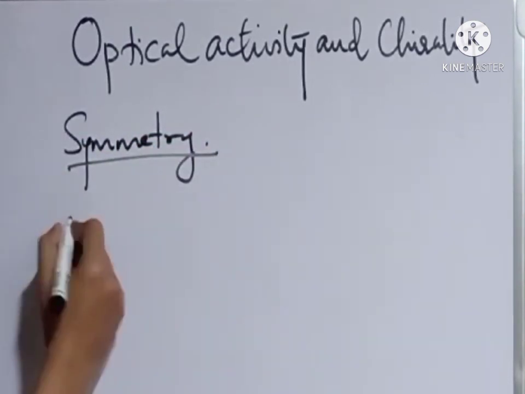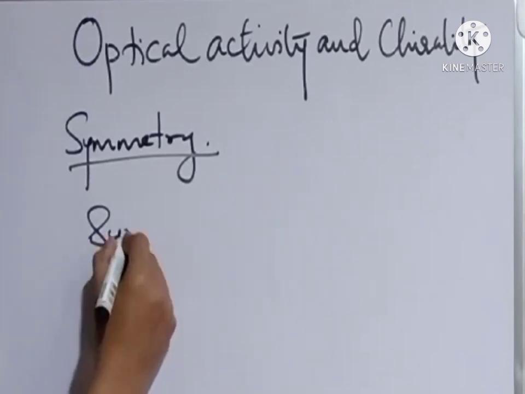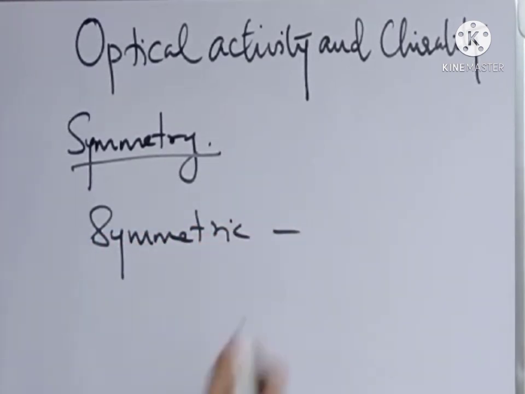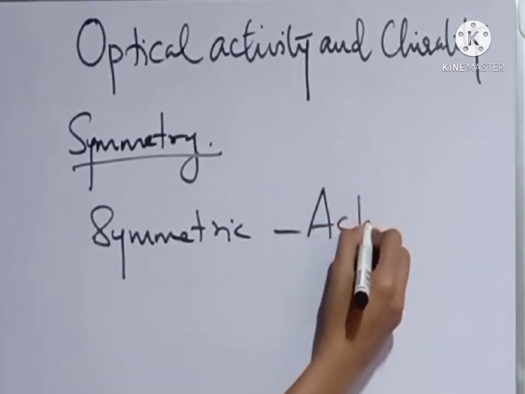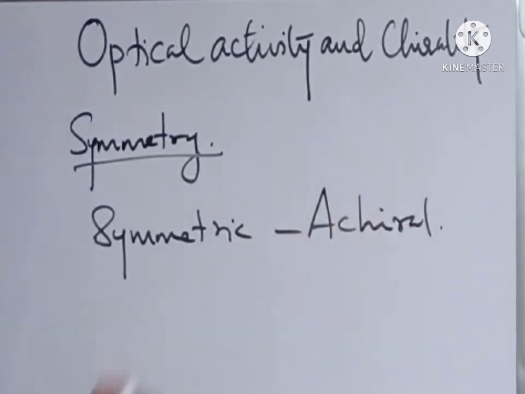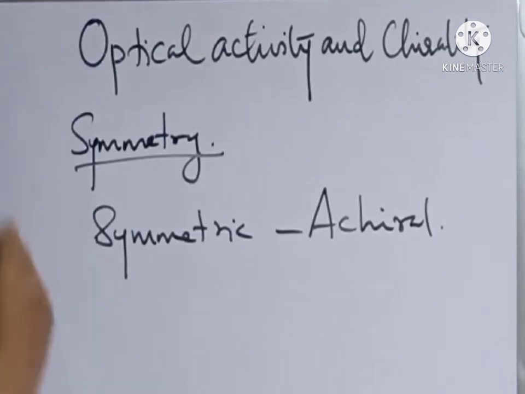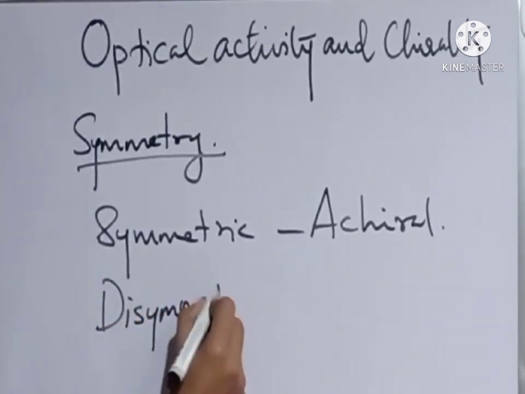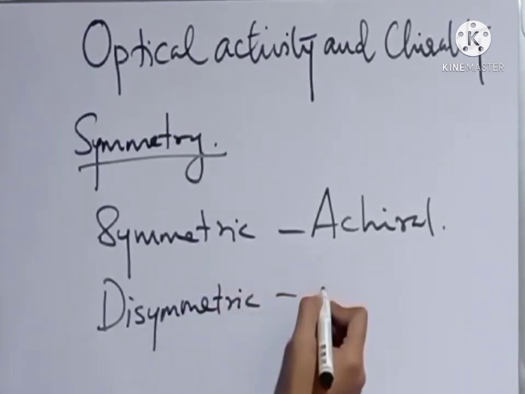That is, if a molecule or an object is symmetric, then it is considered as achiral. If a molecule or an object is dissymmetric, then it is chiral.